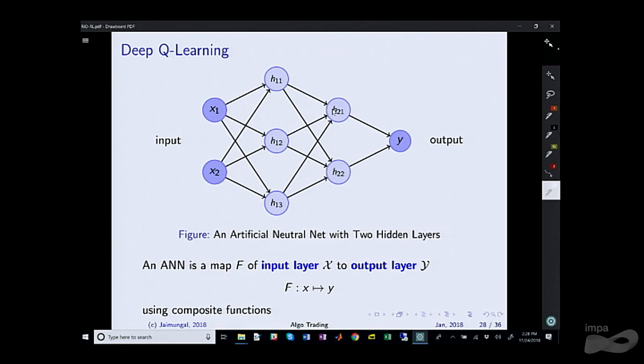So X1 and X2 are going to get mapped through this propagation function, and then it's going to get composed through the activation function. And then you repeat.